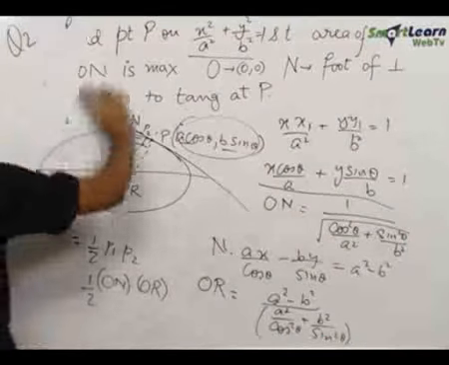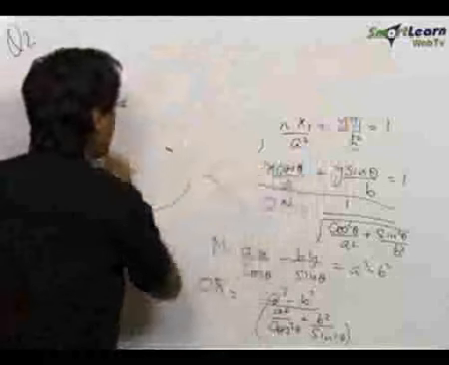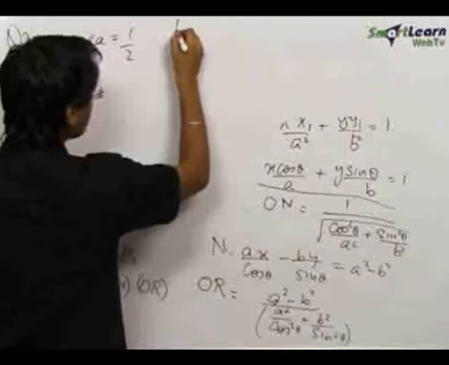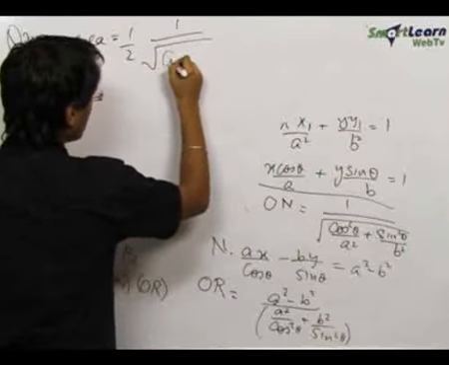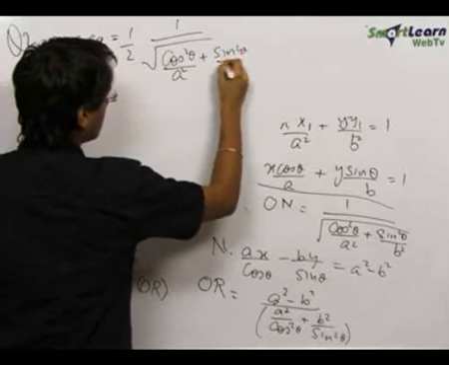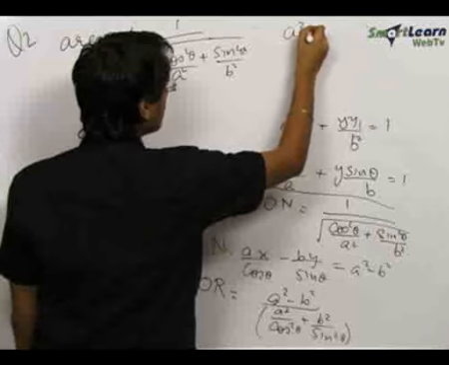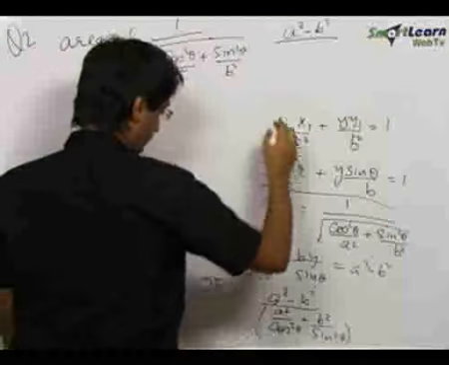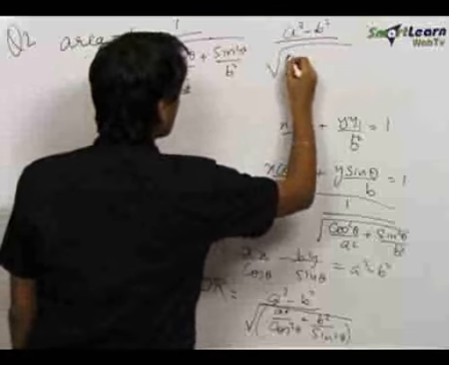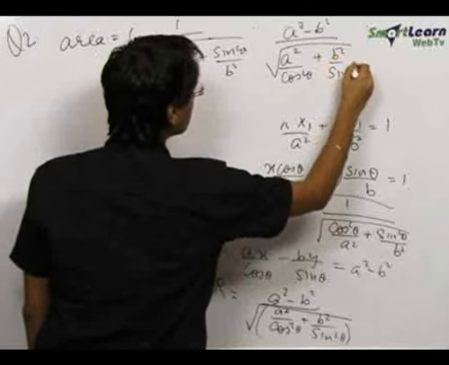Now what we need is to find the product of ON and OR. Area will be equal to half ON into OR, that is equal to a square minus b square upon, mind you, under root, a square by cos square theta plus b square by sin square theta.